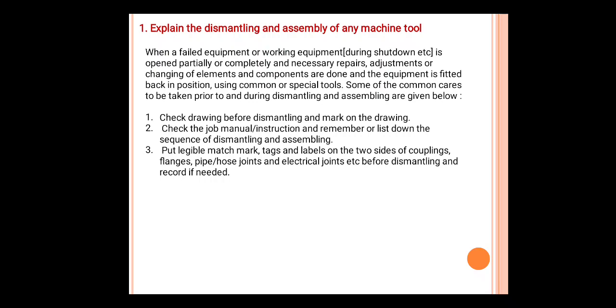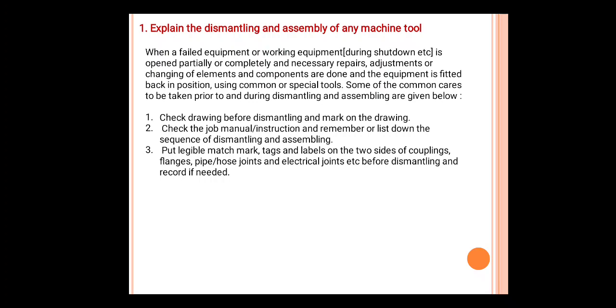Some of the common cares to be taken prior to and during dismantling and assembling are these. First, check the drawing before dismantling and mark on the drawings. Second, check the job manuals and instructions, and list down the sequence of dismantling and assembling of the parts.